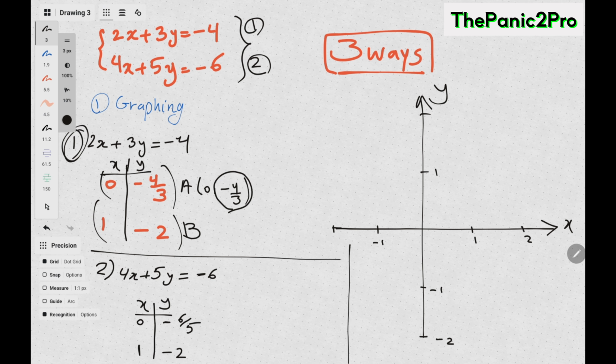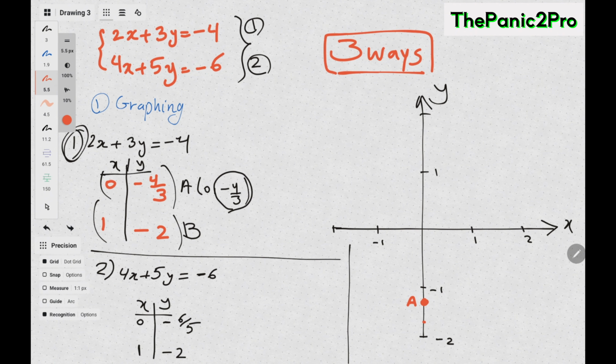Minus 4/3 would be here. This is point A. I have divided here into 3 sections. This is a unit section. I divided it into 3 sections, and one section plus this section is minus 4/3. Okay, that's how I did that.